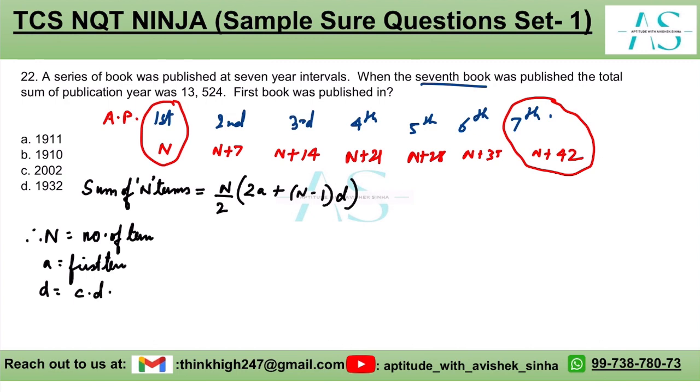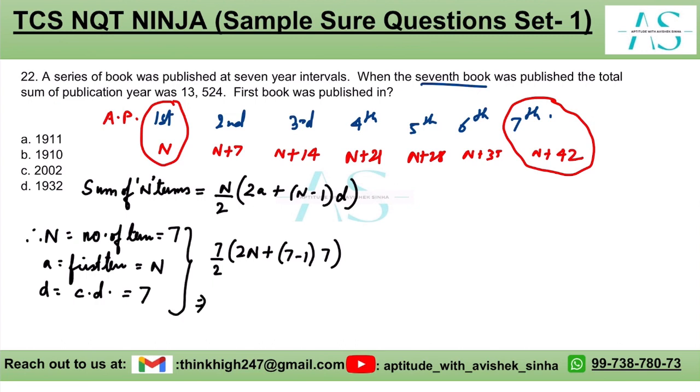So these values are: number of terms, we are looking at 7 terms; first term is n, common difference is 7. Putting these values, number of terms 7, so this is 7 by 2. Next up, 2 into n plus 7 minus 1 into 7.